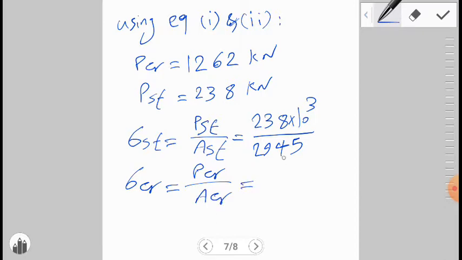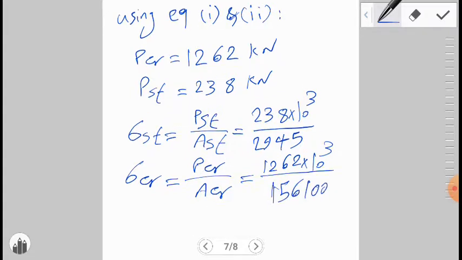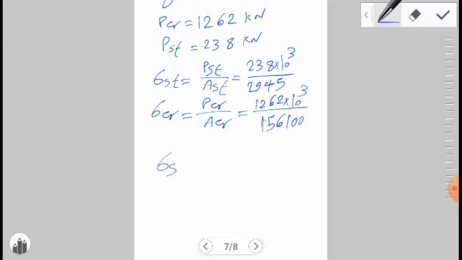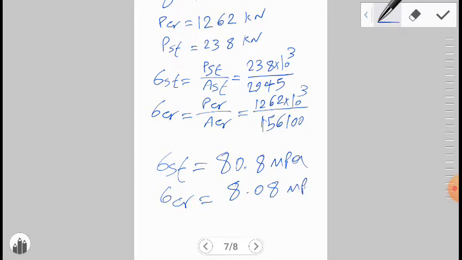We can say that 1262 kilonewton to newton, and this sigma steel is 80.8 MPa, and sigma concrete is equal to 8 MPa.